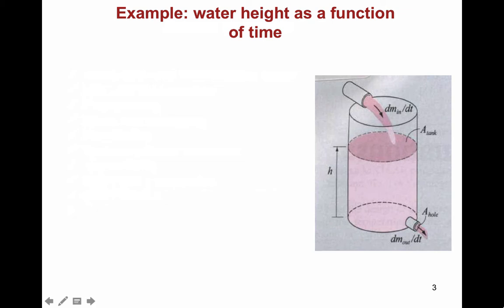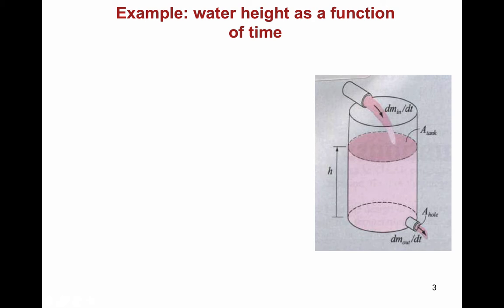Let's assume that I have a water tank, and I'm trying to empty that tank through this faucet down there. I have a certain influx, for which I might have some functional form, or I have data.